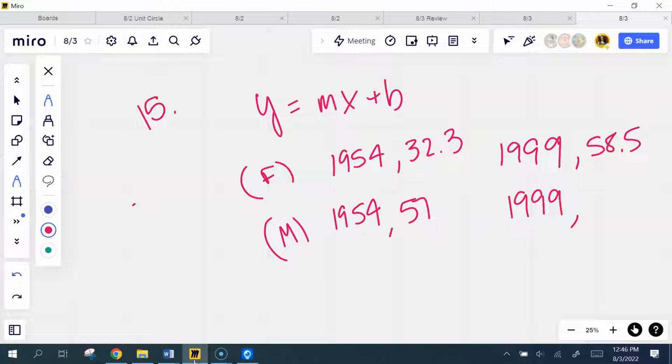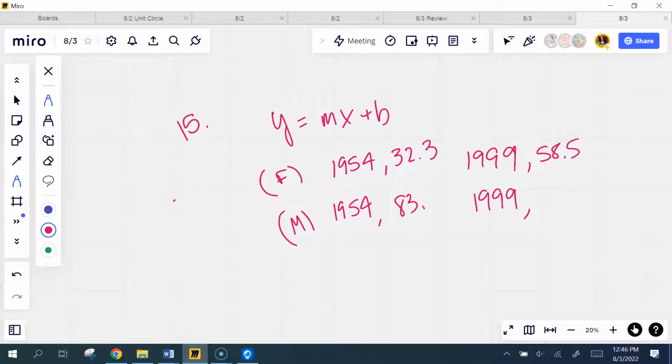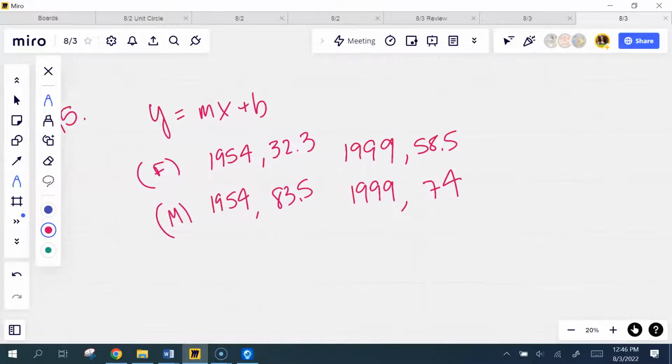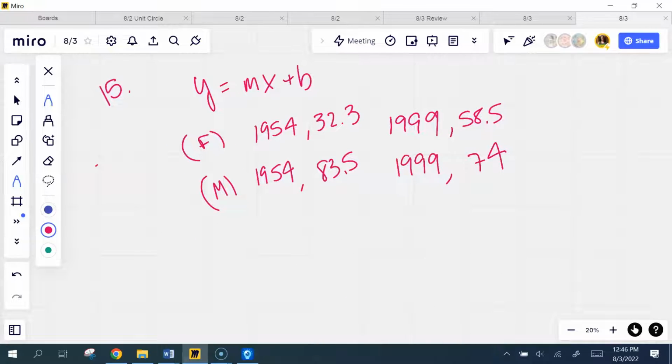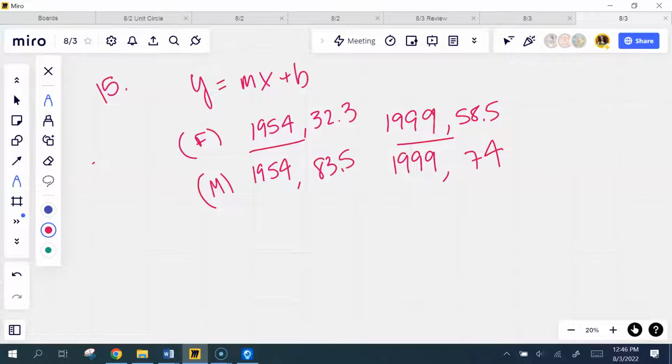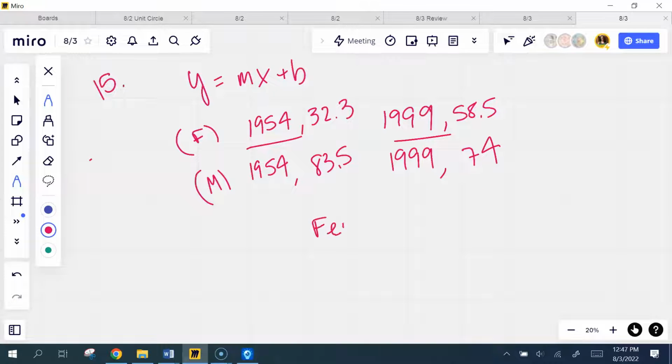Are y'all following what I'm saying? Okay, so 15 asked us to model it algebraically with the equations, and it said to use the 1954 and 1999 points to compute. Okay, how do we write the equation of a line? We first find the what? The slope.